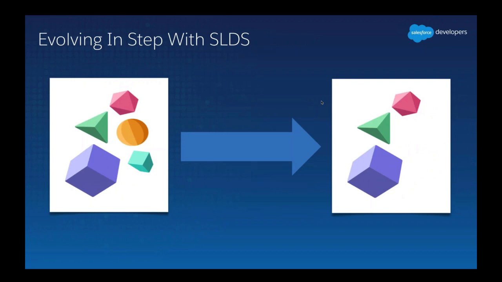And what does that mean for us as components? It means that we are evolving as well. Now, as I said, we started with these few building blocks, but it is our goal to watch what is happening with the Salesforce Lightning design system and take those components and in turn turn them into base Lightning components.